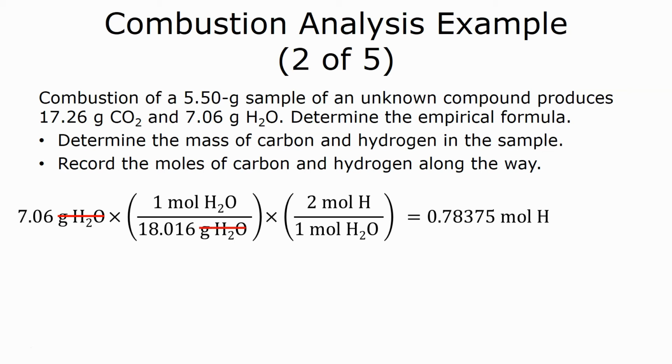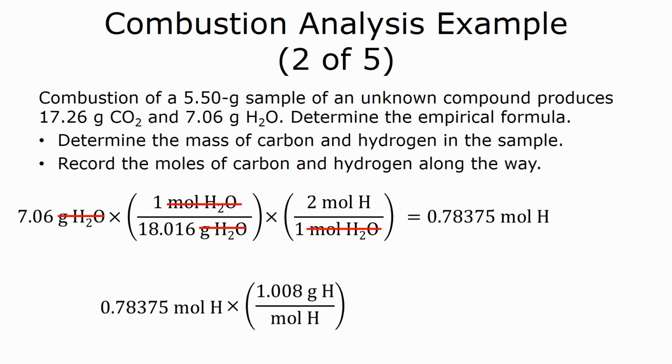Check your dimensional analysis. We just want to find out the moles of hydrogen, and this is the only way to do it, multiplying it times the 2-to-1 ratio of hydrogen per water. Now that we have the number of moles of hydrogen, we're going to save that for later, and also convert it into the mass of hydrogen by multiplying it times the atomic mass of hydrogen. Doesn't change it that much, but these small changes can make a big difference.